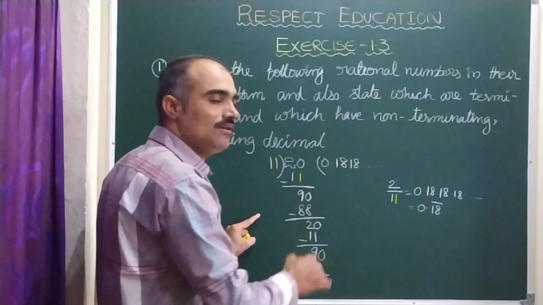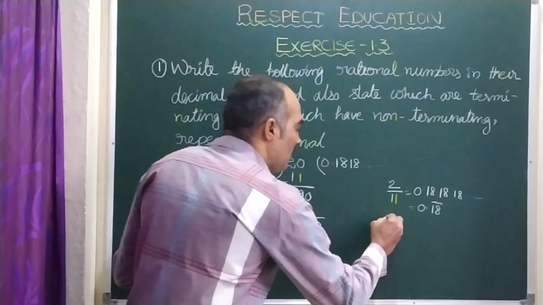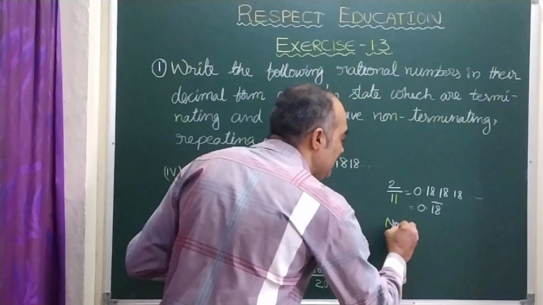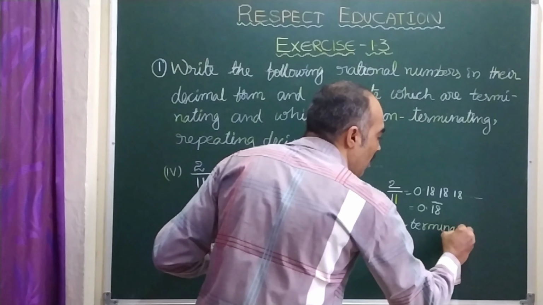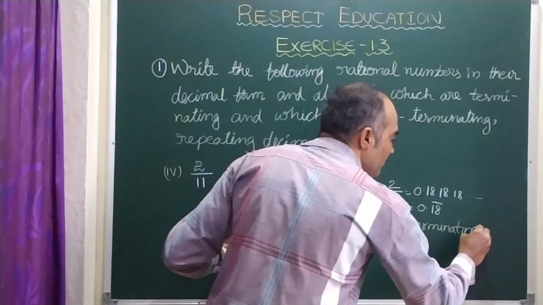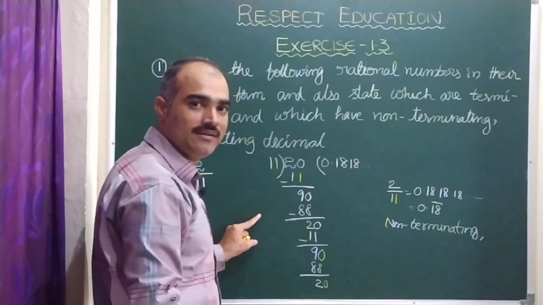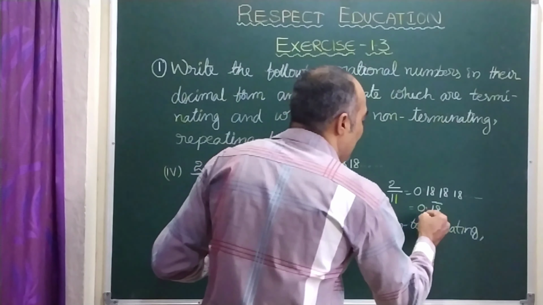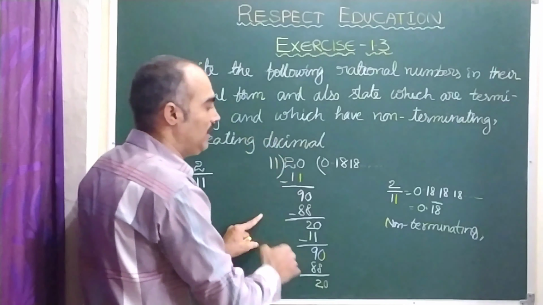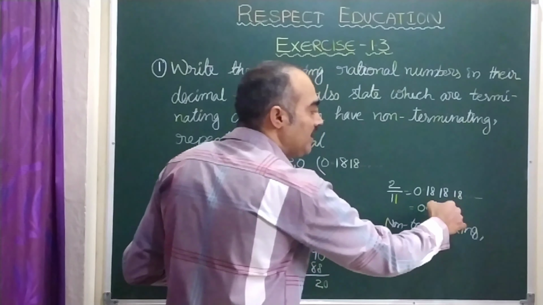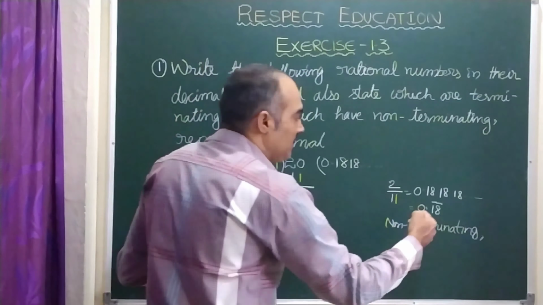So again, this kind of expansion is called non-terminating, meaning no ending, and here non-terminating, then repeating decimal. Here you see 181818, it gets repeated, so non-terminating, repeating decimal.